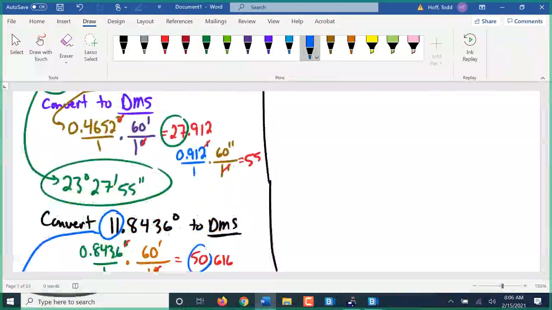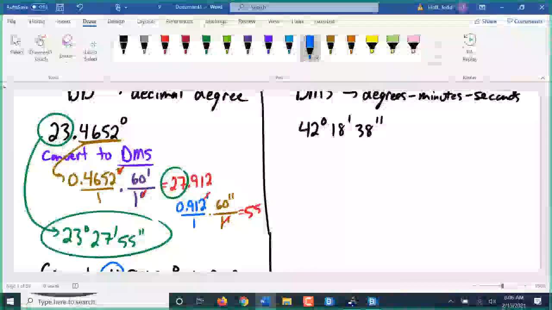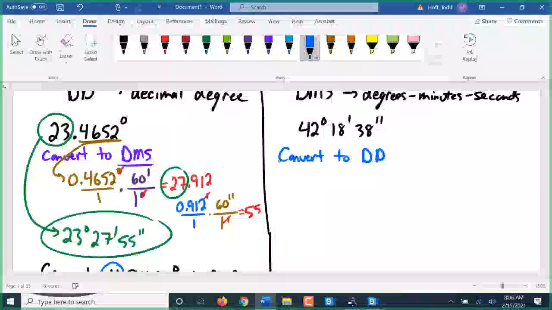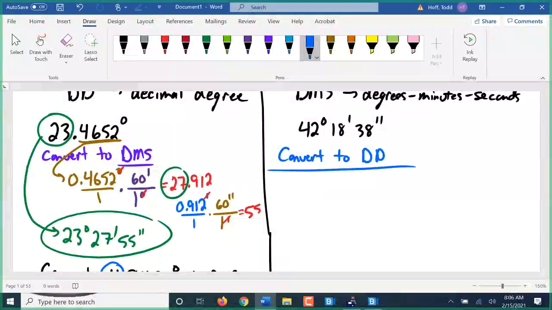Well, then the next step is to go from degrees minutes seconds to convert to degrees. So here we start at the very end and we work our way backwards. It's the reverse process. We went the other direction. We started at the beginning and worked our way to the end of the number. Here we start at the end.